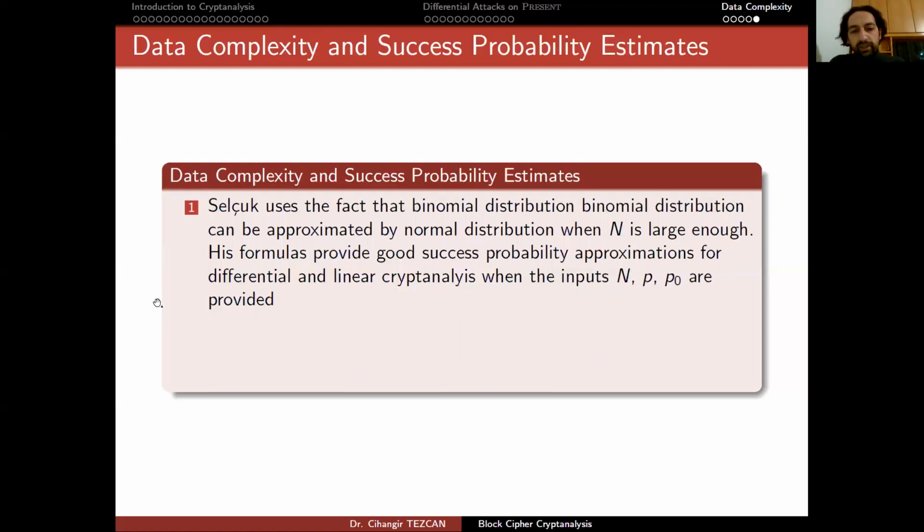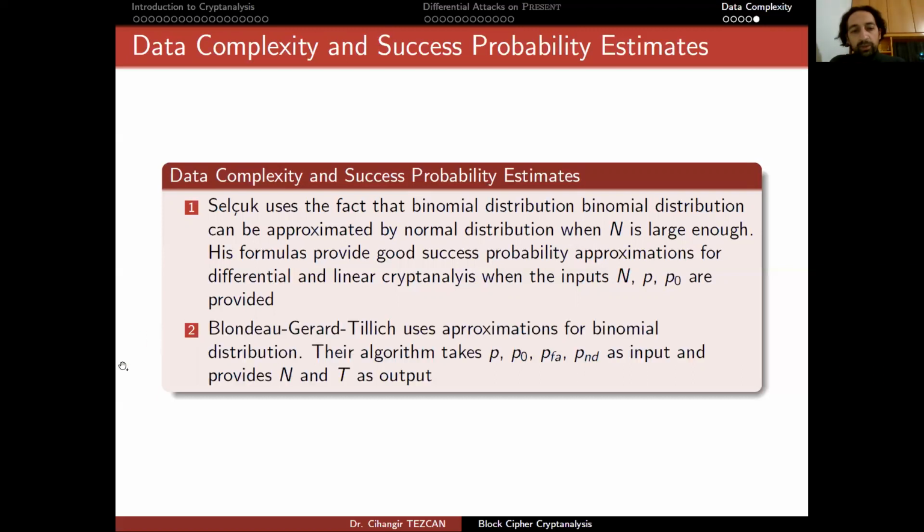This combination is performed with an approximation. So their algorithm takes as input P, P0, the false alarm probability and the non-detection probability, and as output, it provides n, which is the number of plaintext-ciphertext pairs you need, and T is the threshold where you should decide if a key is a correct or a wrong one.